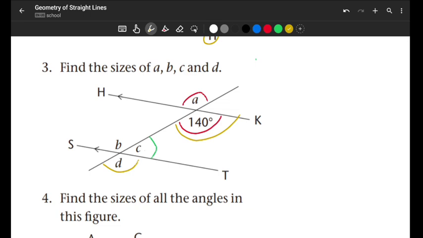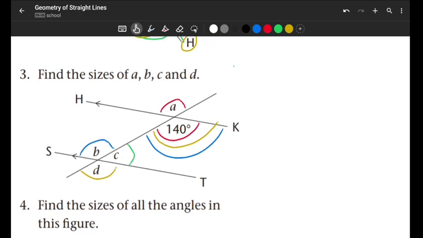What other one do we have here? We have B and the 140 degrees, alternating angles. So in this question, we're using different ways to answer, different reasoning for each part.